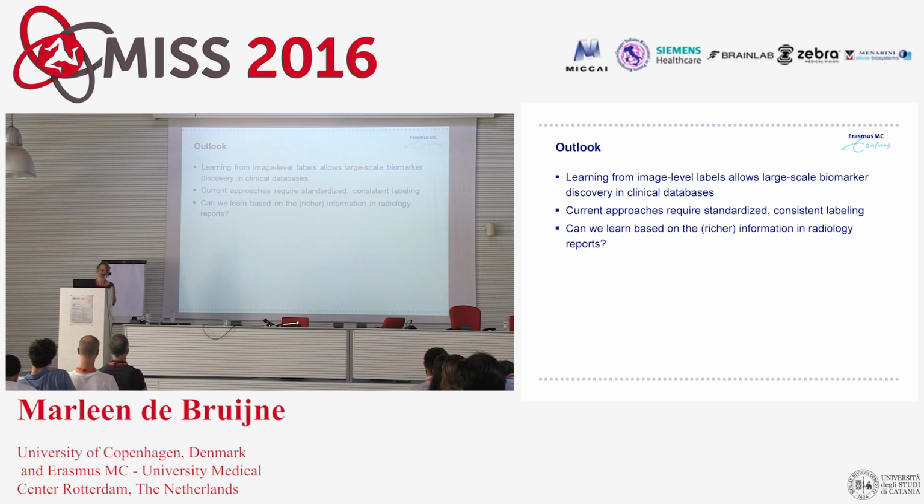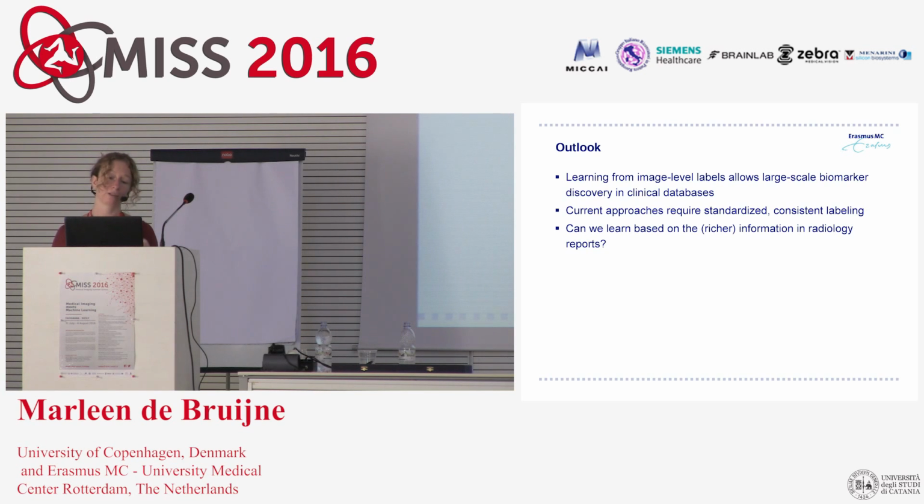So this multiple instance learning with image level labels could, in principle, be very useful. It allows large-scale biomarker discovery in clinical databases. We don't need any manual annotations. All we need is a label describing disease. The current approaches that I showed require this label to be quite standardized.